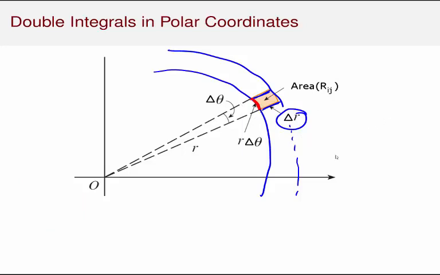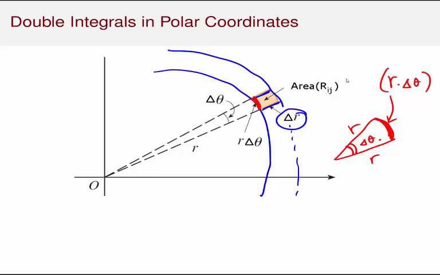Well, that is straightforward, because in elementary school we learned that the length of a subarc coming from a circle of radius r is equal to r times whatever angle between the lines over here. Since the angle between adjacent rays is delta theta, so the subarc on this side of the region Rij is precisely r times delta theta. So that will be the length of this little subarc.